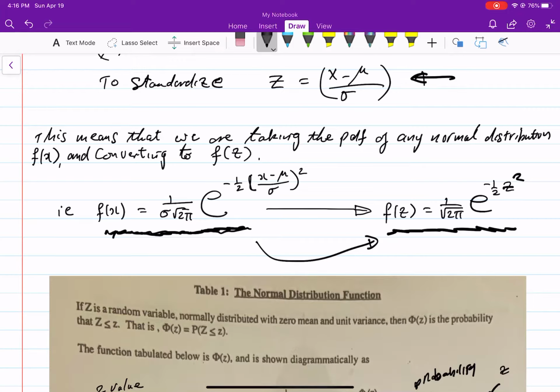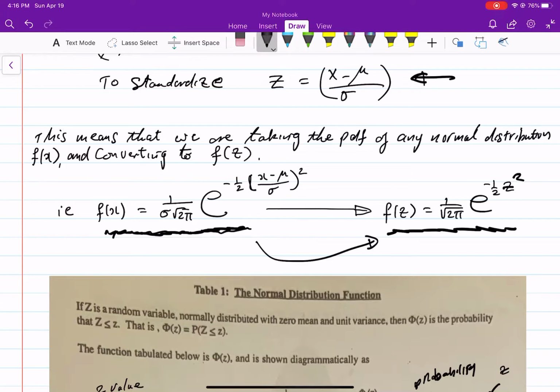The important question should be, why would I want to take any normal distribution that has any mean and any variance and convert it to the standard normal distribution? Well, it has to do with finding the area under that curve.